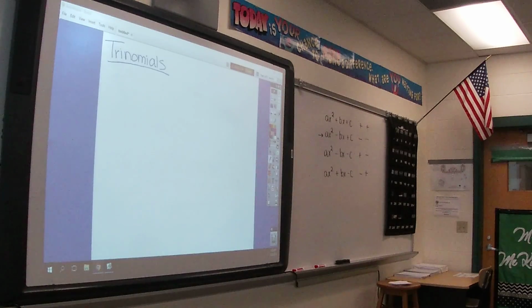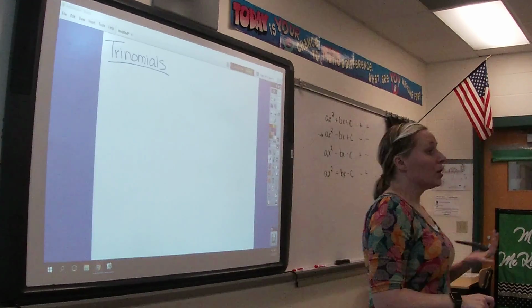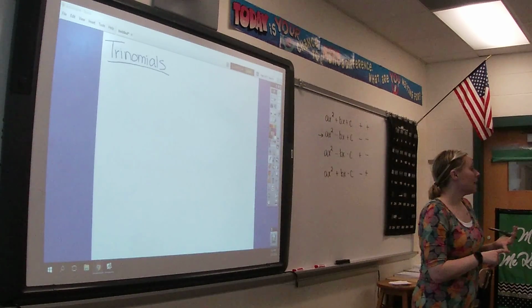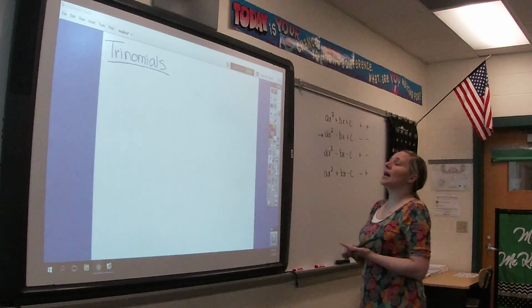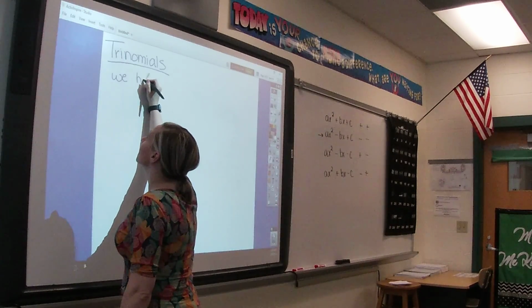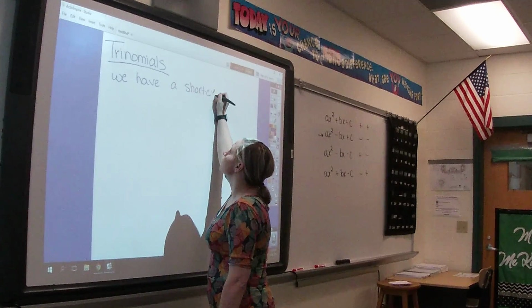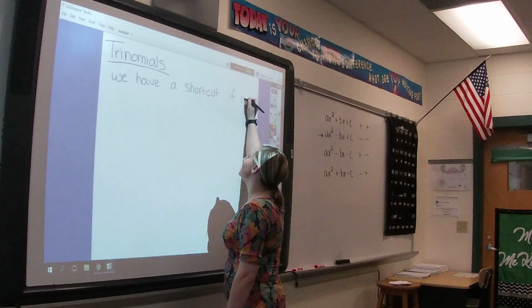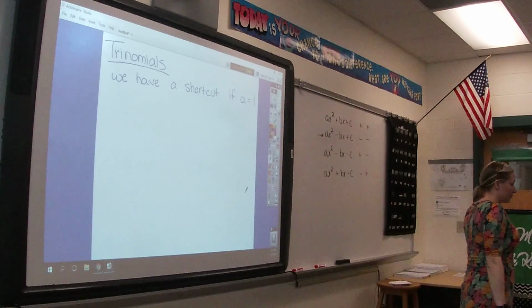So trinomials that we're looking at today, what's a trinomial? Three terms, right? It's still going to be a quadratic trinomial, so a degree of 2, exponent of 2, and 3 terms. The difference today is that we have a shortcut if a equals 1.